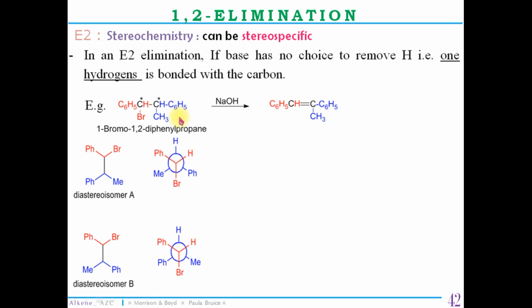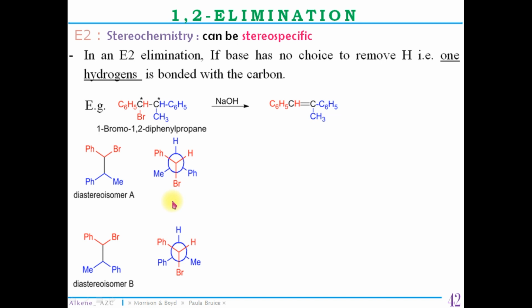But for the E2 reaction, the essential requirement is that the carbon-bromine antibonding and carbon-hydrogen bonding orbitals need to lie in the same plane. This criterion is possible only in two diastereomers, diastereomer A and diastereomer B, where this C-H and C-Br bond lie in the same plane.